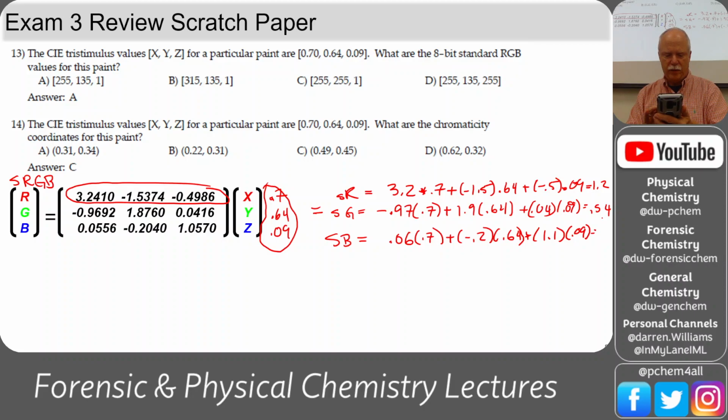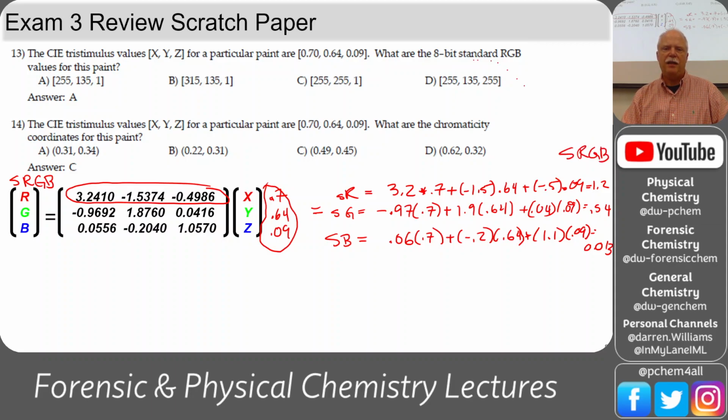Okay, so 0.06 times 0.7, then 0.64 times minus 0.2, then 0.09 times plus 1.1. So that gives 0.013.